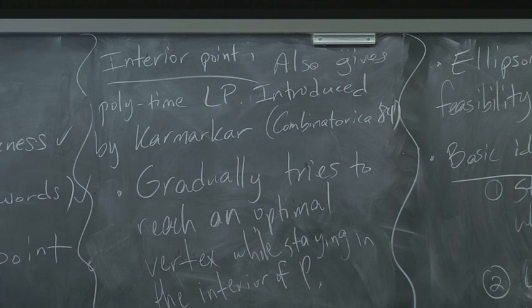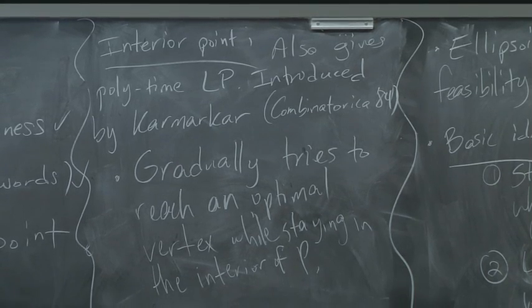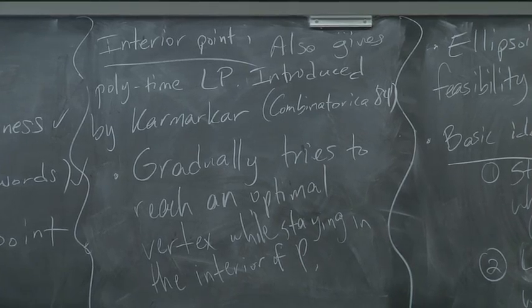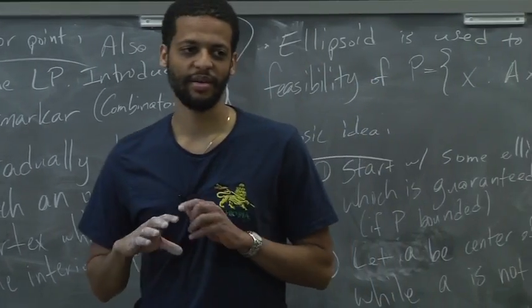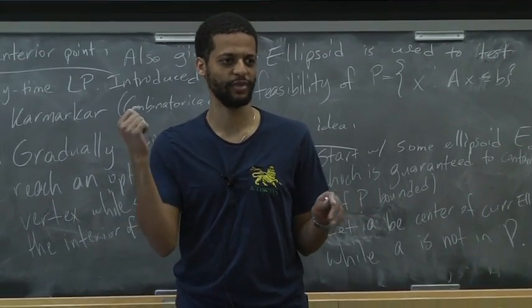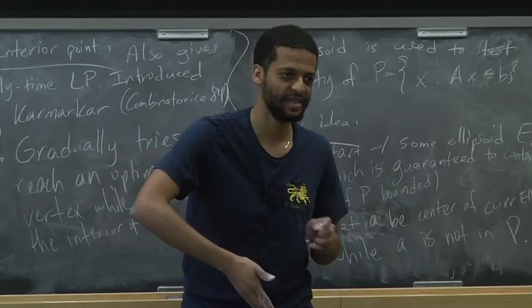So you might say, well, wait a second. If I can get in the interior, that means I can test feasibility, right? And we saw with ellipsoid that if you can do feasibility, you can basically solve the problem. So the very first step of interior point is to modify your LP. We sort of did this with Simplex to get an initial vertex, except we're not going to do two interior points.